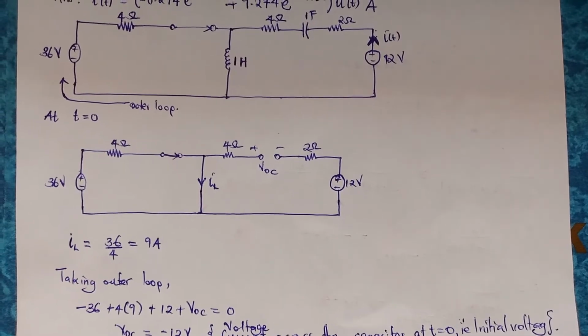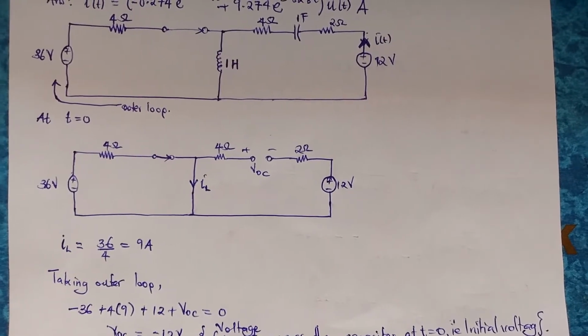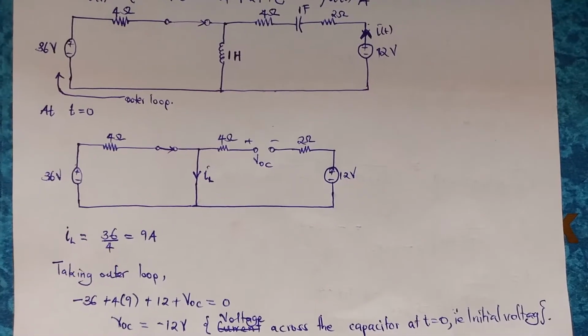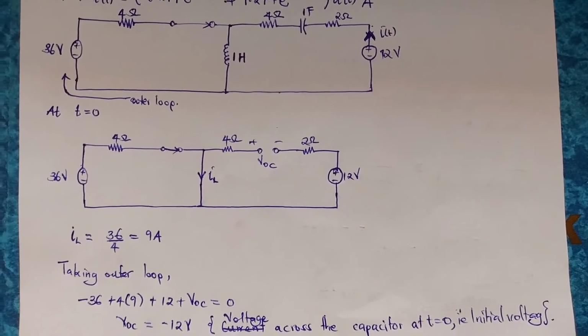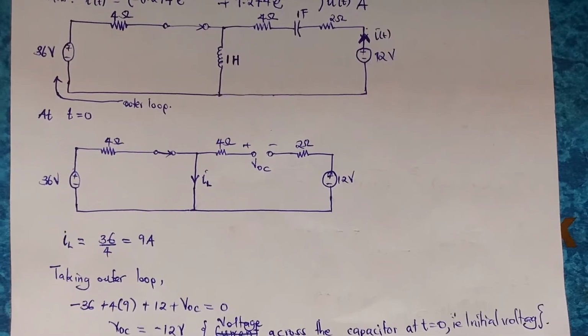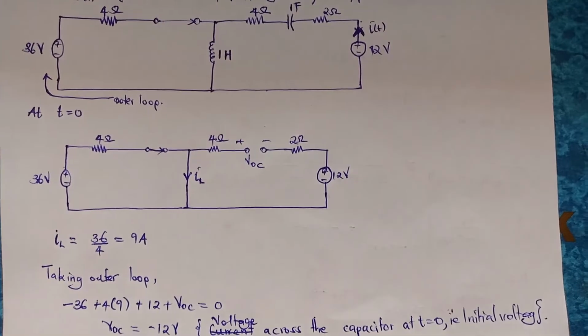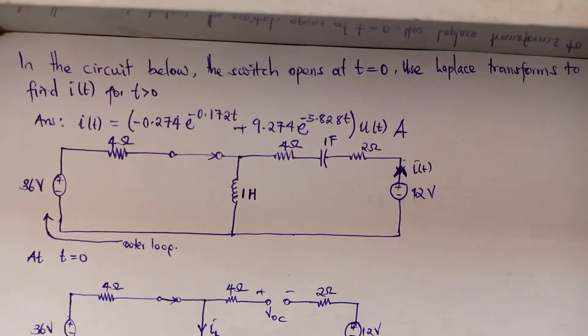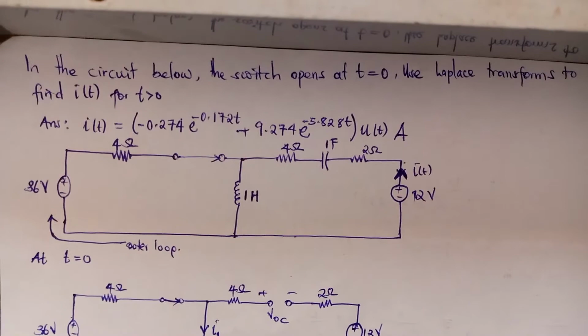No current will go through the path of the capacitor since it is an open circuit, so we deal with a loop equation with only the 36 volt DC source. Let us now consider the outer loop.